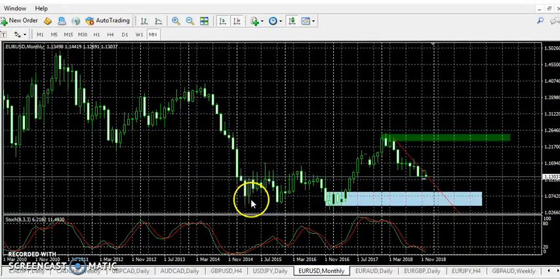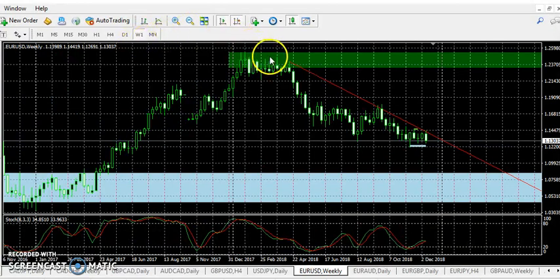As you can see, price came here, left, came back here again, left, came back here again, and left, and now it's on its return back into this level. So we must take that into consideration. So let's get back to the weekly.